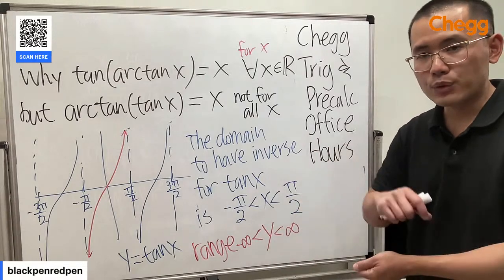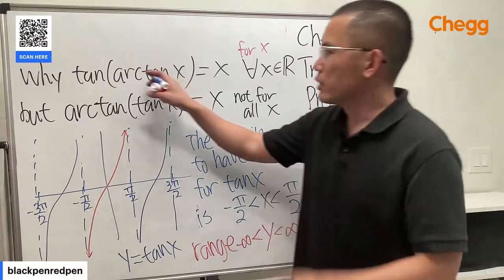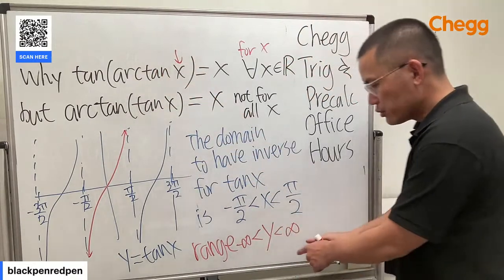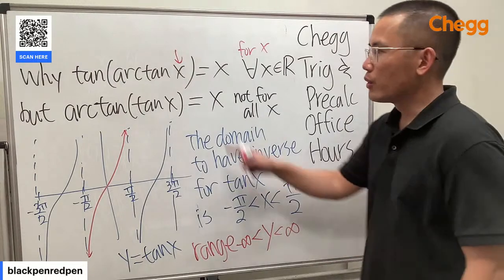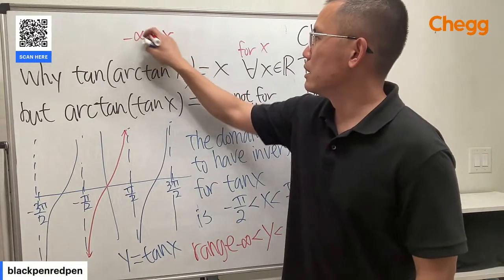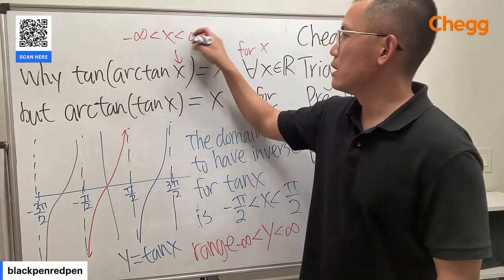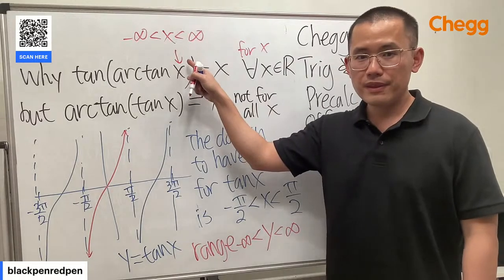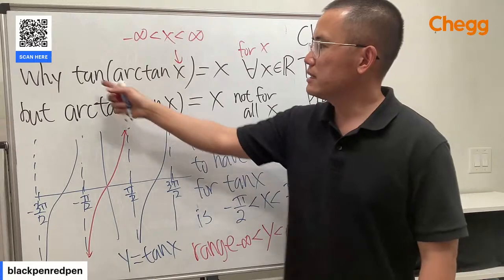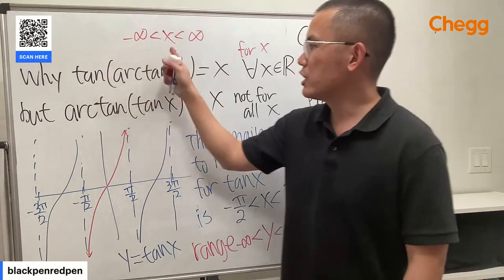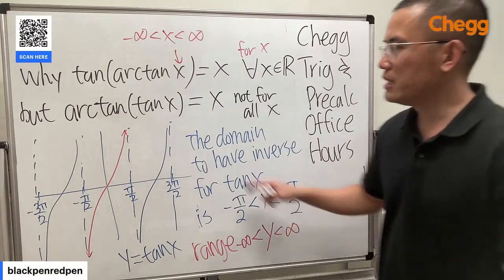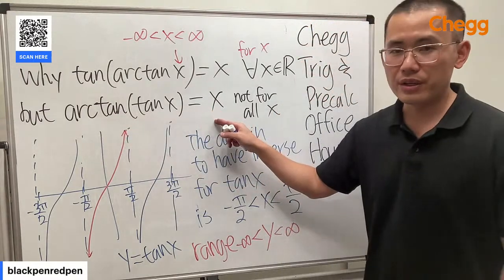When you go backwards, when you do the inverse, the domain for this right here becomes the range of the original. So this x could be all real numbers. Whatever x you plug in, it always makes sense. And then when you do tangent of that, they legitimately cancel and you just get x right here. But unfortunately, not when we have this right here.